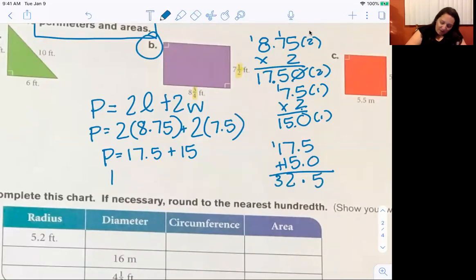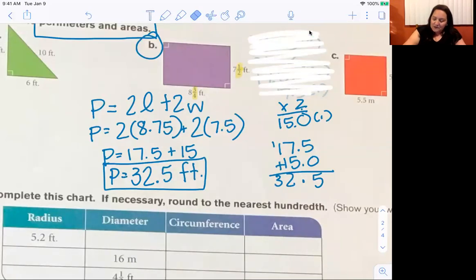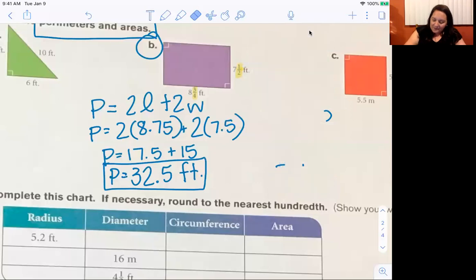And we get perimeter equals 32.5 feet. Remember, perimeter is just the distance around, so it does not need to be squared like we do in area. So I'm going to erase all of my work over here so I can work on the area with you. Let's do the area.